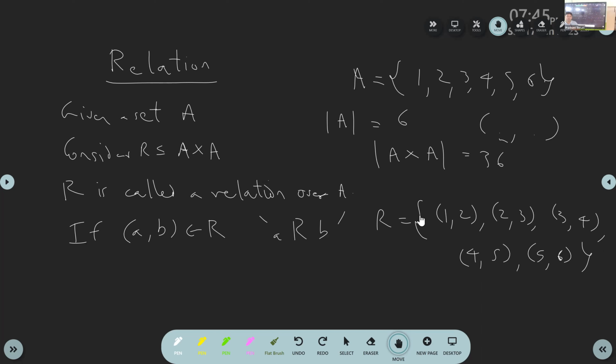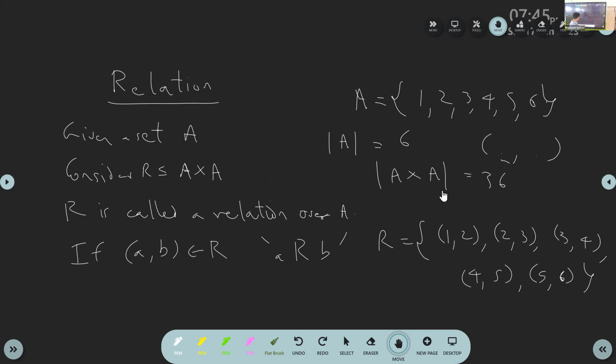If you give me two elements from the set A, for example 1 and 2, does this relation R hold true for that pair or not? In this case, the answer is yes, because (1, 2) is in my set. But suppose somebody gives me 3 and 5, does the relation R hold for 3 and 5? No, because that is not in my set. It is as simple as that.